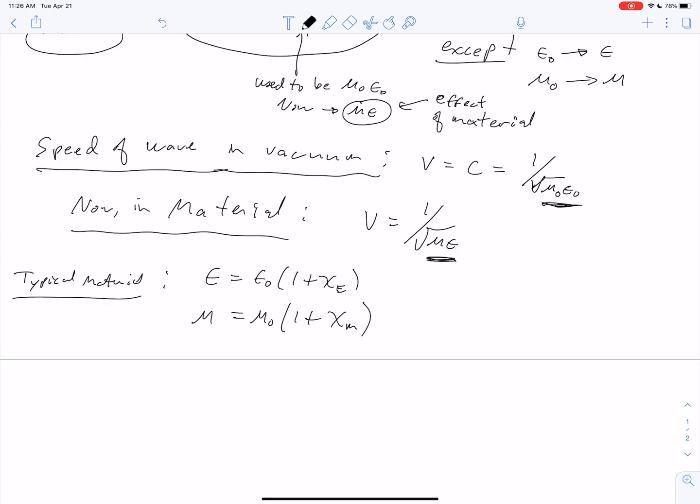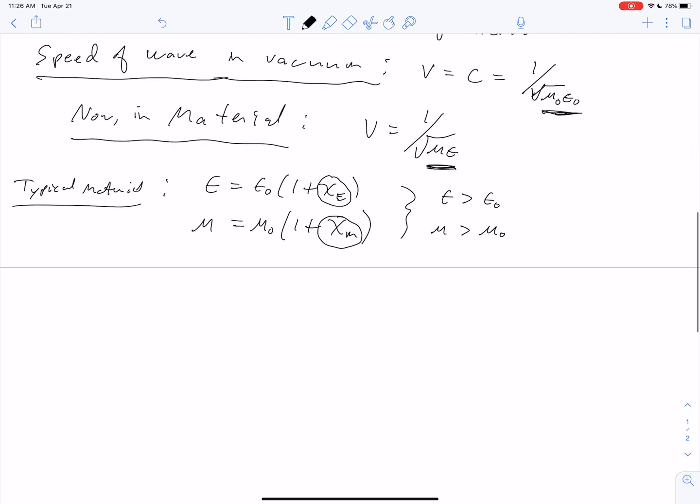Typically epsilon is greater than epsilon naught, because we have the polarization, and mu is typically greater than mu naught. That means the velocity in the material is typically less than the velocity in vacuum. So the speed of light slows down. Light slows down, and that has huge consequences.